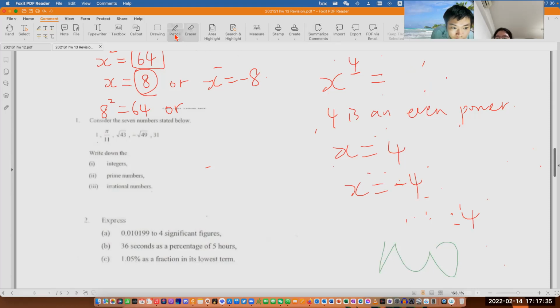I'm so sorry about it. So with 16 it is 2. Can you help me check? Is the answer 2 and negative 2?